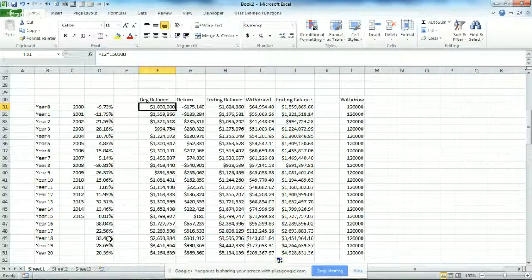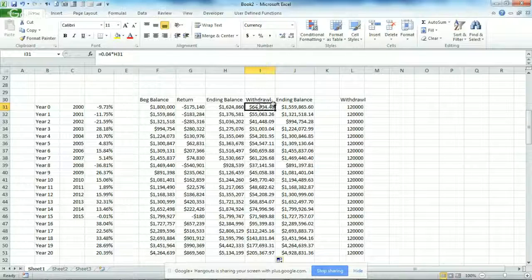And then you're really excited. Everybody's excited, but then all of a sudden we see a 10% decline in 2013. And so in this case, at the end of 2000, you are left with $1.6 million, and then after withdrawing 4%, you're left with $1.5 million.